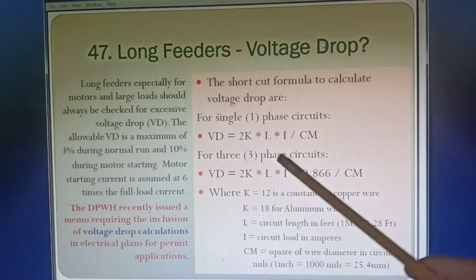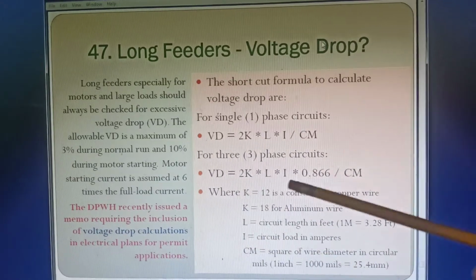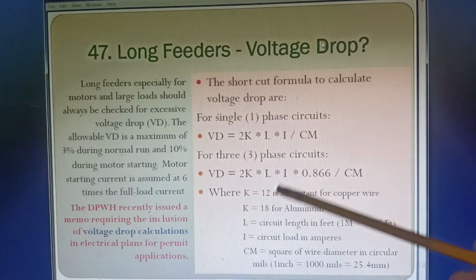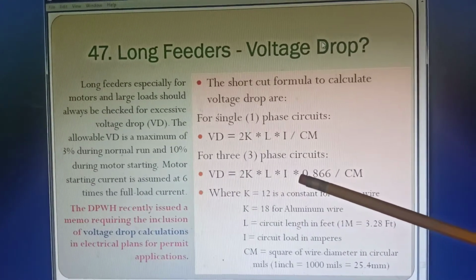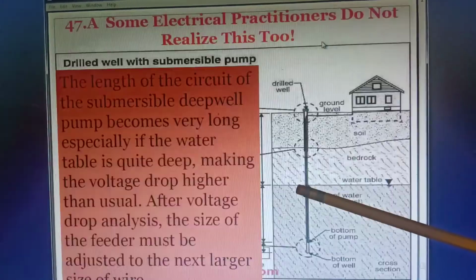Okay, so this is a very fast way to determine it, but anyway, we'll be having another lecture on voltage drop calculations in conjunction with short circuit as well as the complete design analysis.